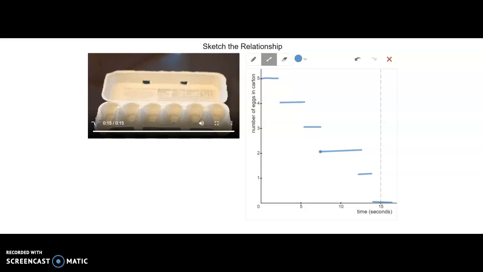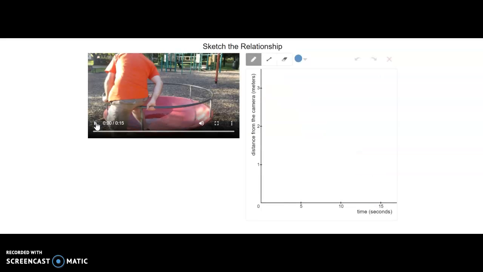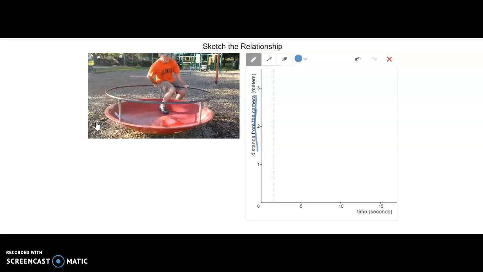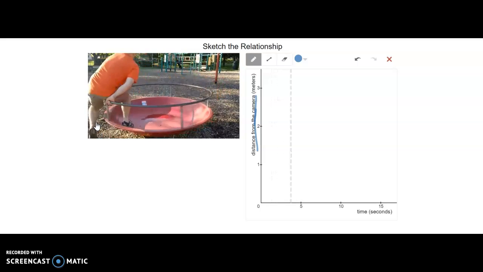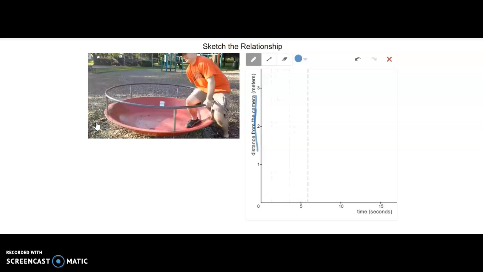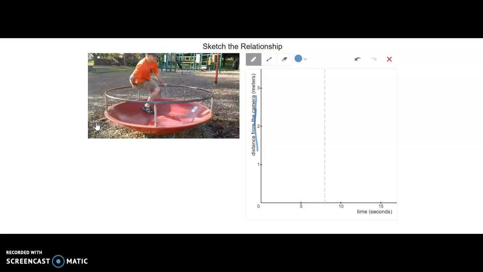So remember, we're going to look at what the actual answers are later on in the video. So looking at this 6th slide, we're going to look at the distance this guy is from the camera. So how far he goes away from the camera. Does he come back? Does he leave? Anything like that. Notice what's going on in this video.